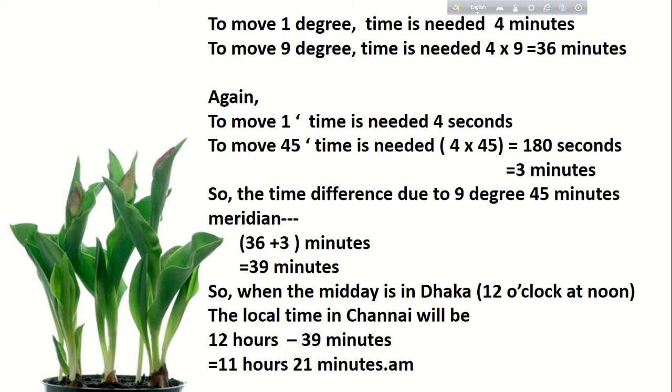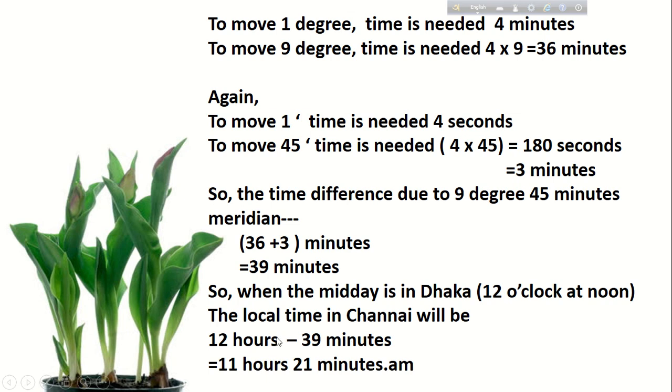As our question is asking for the local time of Chennai, the time difference due to the 9 degrees 45 minutes of meridian is 36 plus 3 minutes, that is 39 minutes. So when it is midday in Dhaka, that is 12 o'clock noon, the local time in Chennai will be 12 minus 39 minutes, as Chennai is situated to the west of Dhaka.